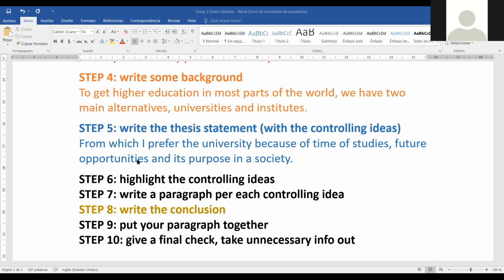In my case, as we have already seen, we have three reasons. Remember also that you can consider, okay, this is my opinion, but I also think that institutes are important, or probably I can say that I am more in favor of universities, like 80%, but 20% is for institutes.